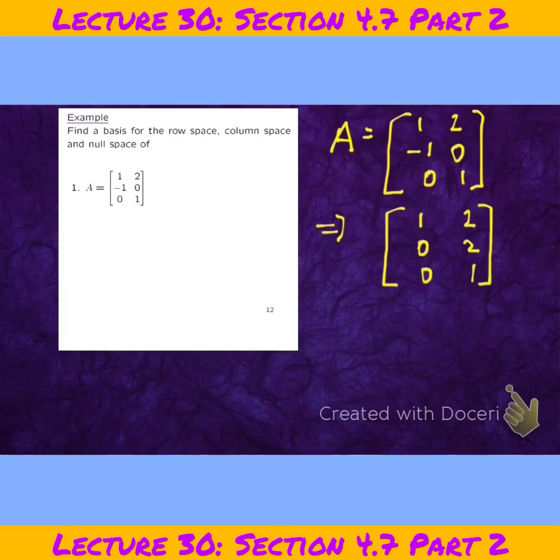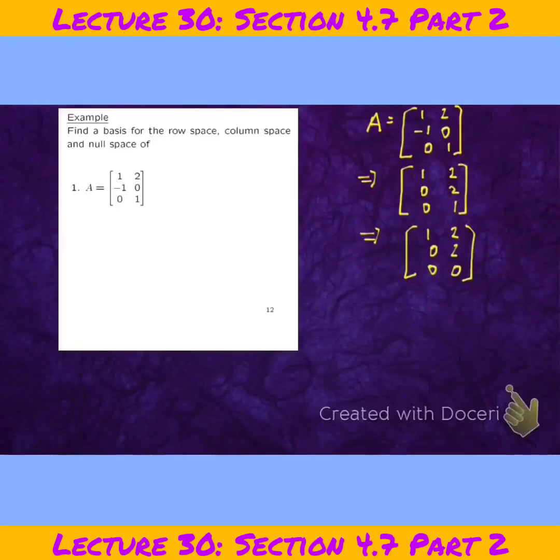Then I'm going to change the last row by taking negative a half, multiplying it with the second row and adding it to the last row. Lastly I'm going to create leading ones. So there I get the reduced row echelon form of my original matrix A.